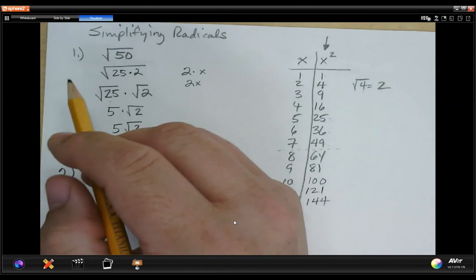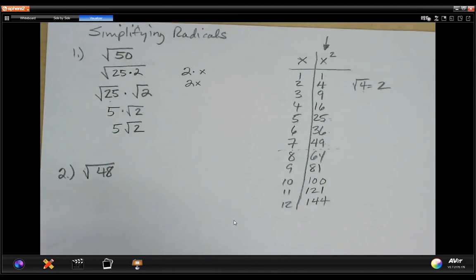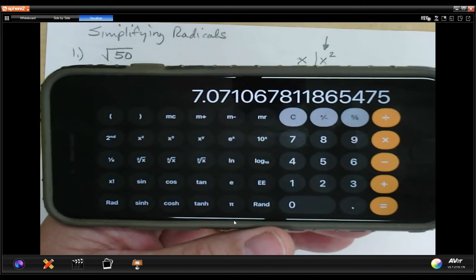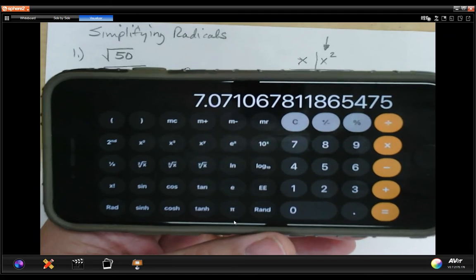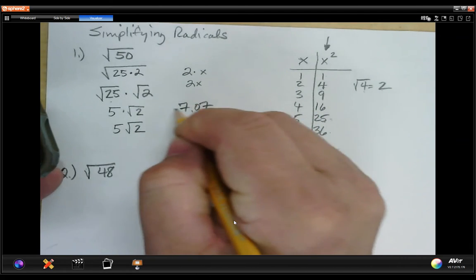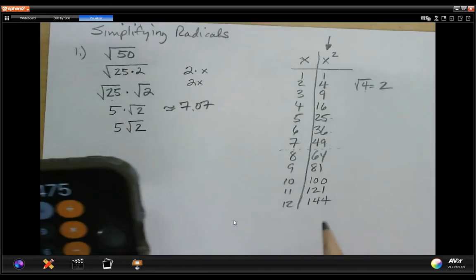Now, what's going to be really crazy is if you take your calculator and you do the square root of 50. I'm going to go ahead and do that on my calculator as well right now. If I do the square root of 50, I get that big, huge number, 7.07. We'll round it to the hundredths place. It's approximately 7.07, okay?